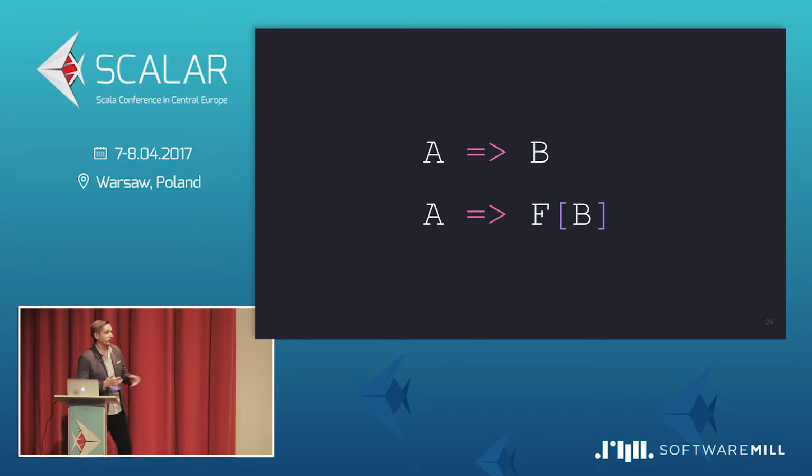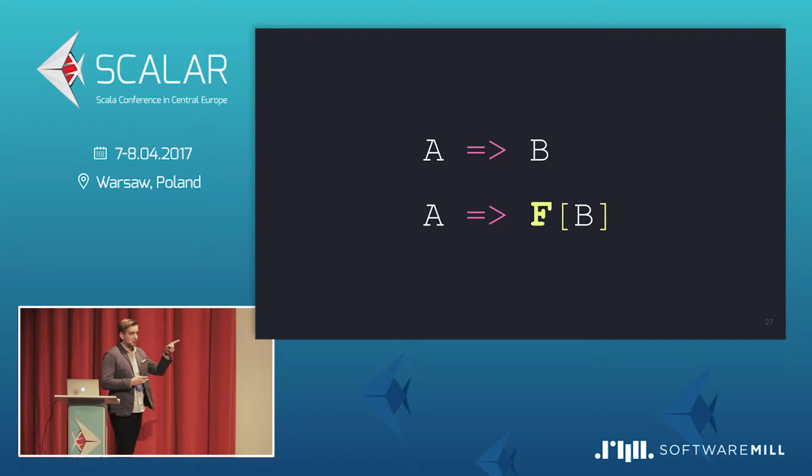The connection might not work at all, so it might be an exception. So the F here can be Try, Either, whatever, Option. And as I said, Future might not be the best fit always. Sometimes it is. But what we're going to do in the next part of the presentation is actually create a new type that will shield you from the side effecting that we've talked about in the previous slides.